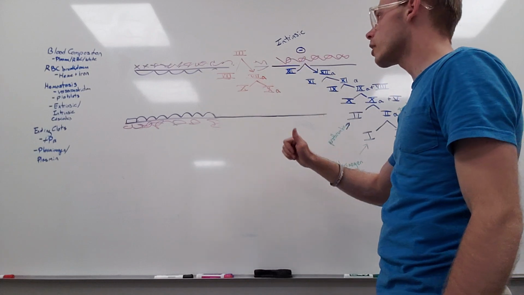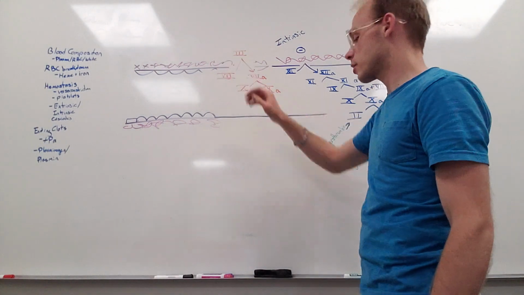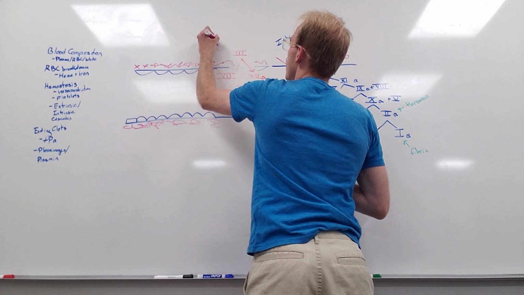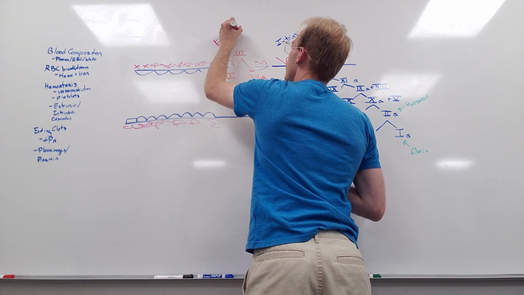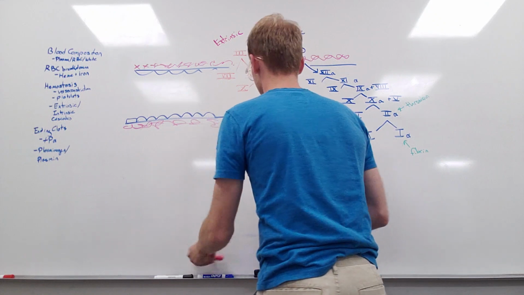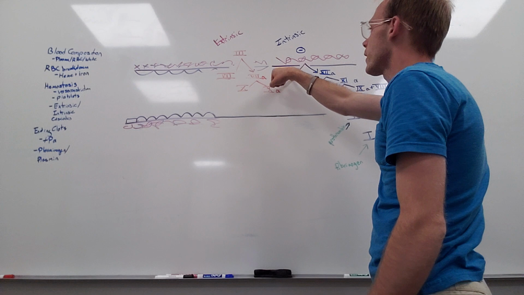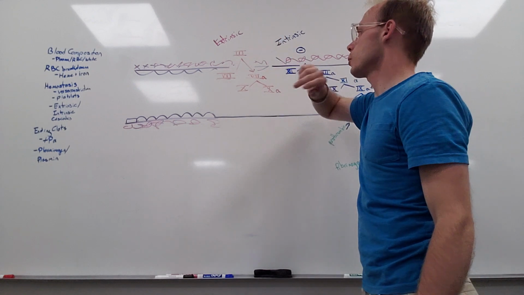So the interesting thing is you can have some drugs that will take out one cascade, so like your extrinsic cascade. Let me write this here. Extrinsic and then intrinsic. The reason it's called intrinsic is because our starting factor is inside the blood, whereas for extrinsic our starting factor is outside of the blood.